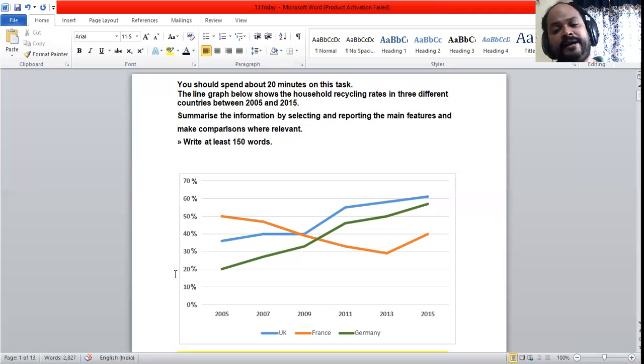So despite a continuous fall till 2013, we have a revival in the rate of recycling of waste in France between 2013 and 2015, the last 2 years. This is what the story is.